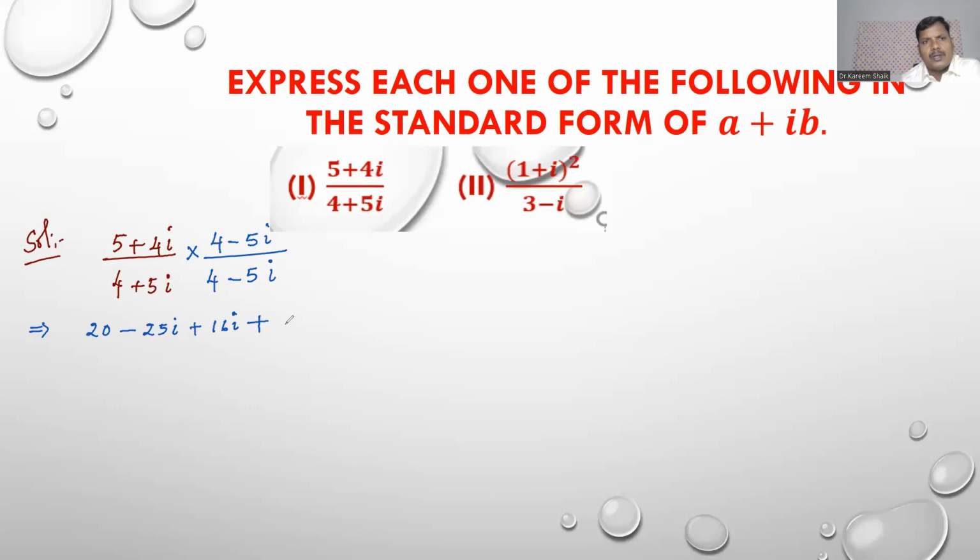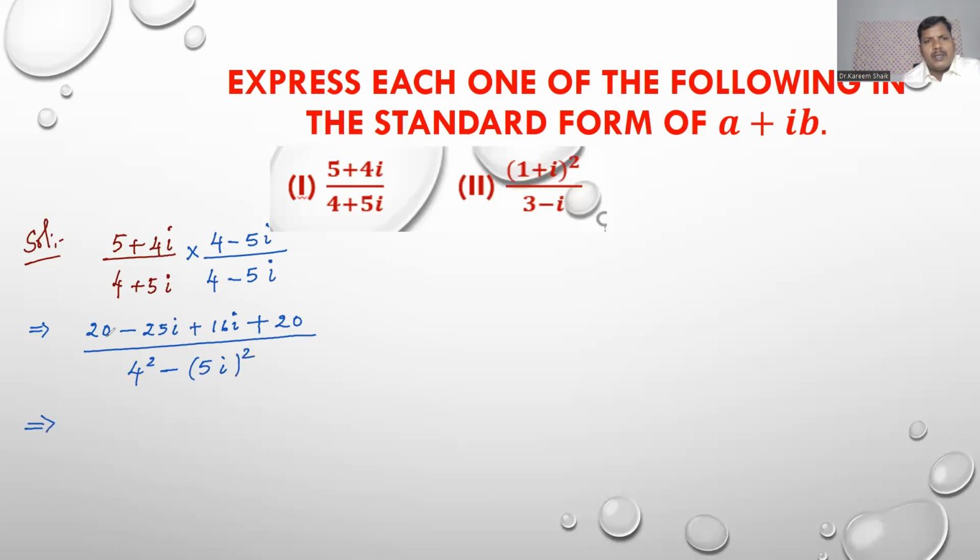Negative of negative is positive. So 20 upon the denominator: 4 plus 5 iota times 4 minus 5 iota. It is in the form of a plus b into a minus b, that is a square, 4 square, minus b square, 5 iota whole square.